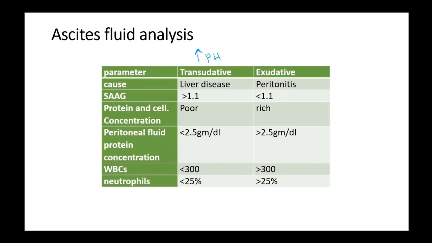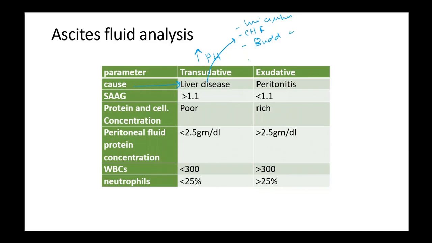So here, because we are discussing cirrhosis, they mention causes of liver disease, but transudative can be caused by CHF, liver cirrhosis, Budd-Chiari syndrome, anything which increases intraportal pressure can cause transudative effusion.